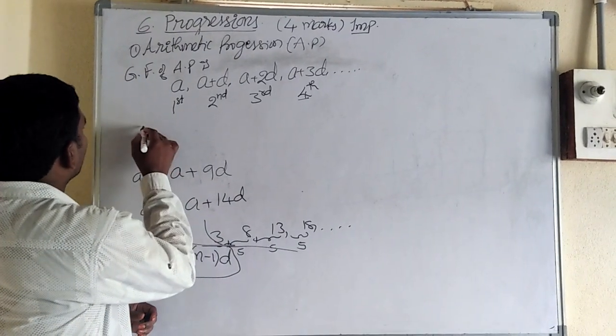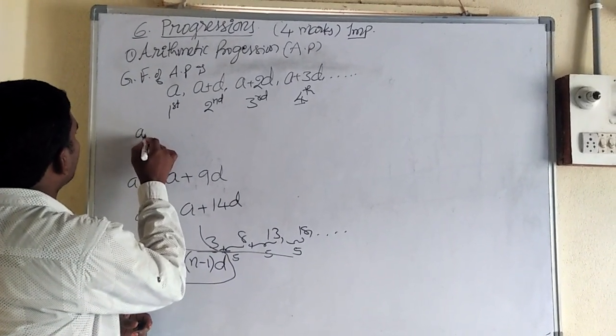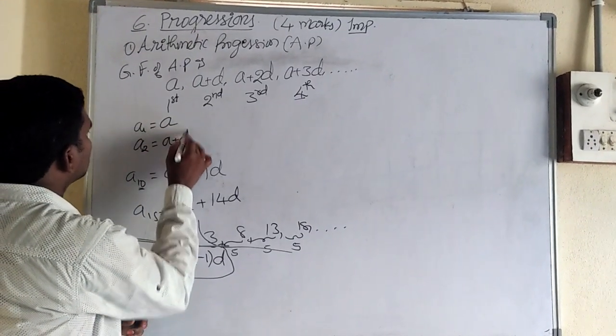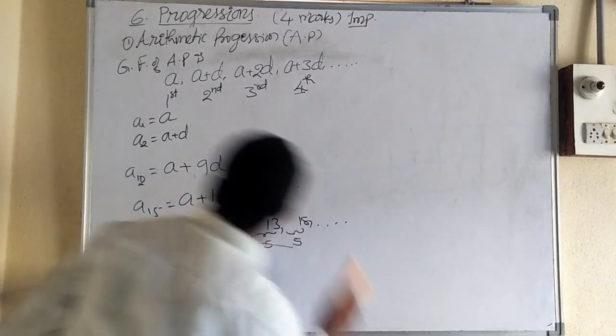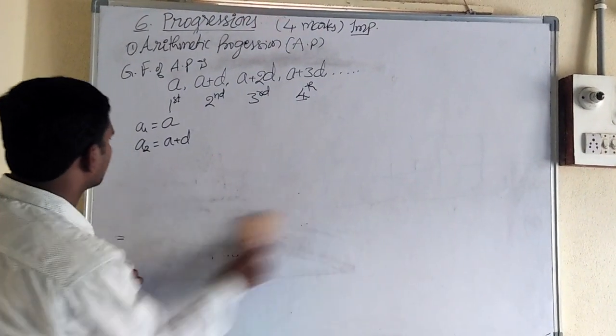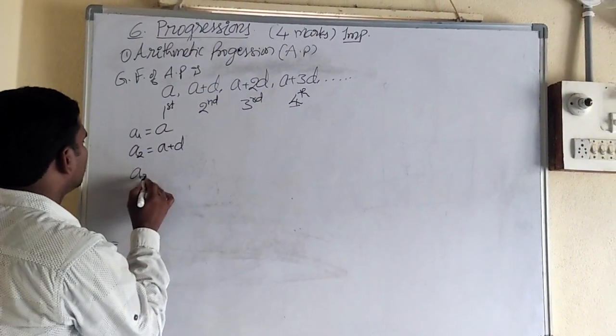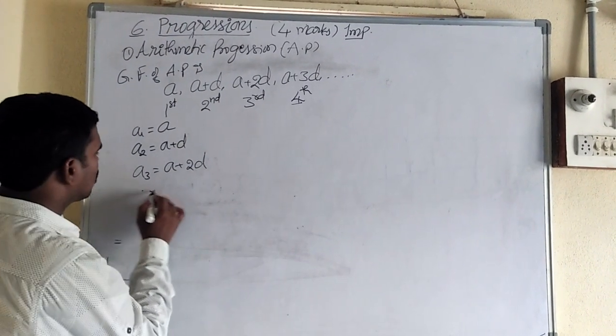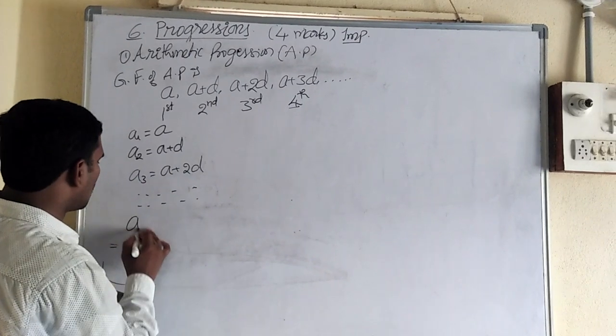So here, what is first term? A1 taken as A. What is second term? A2 equal to A plus D. Just a minute. So what is third term? A3 equal A plus 2D, so and so. What is nth term?